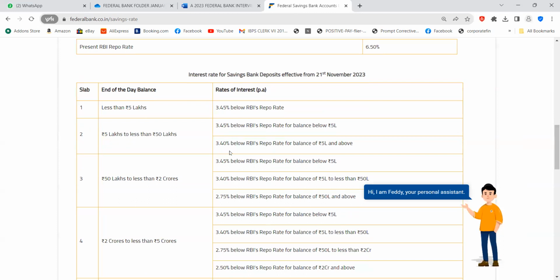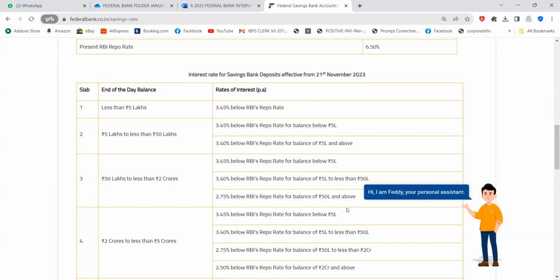For balance of rupees 5 lakh and above. And here above 50 lakh, there is one more rate, 2.25% below repo rate. That means that will be very high. 4.25% for above 50 lakhs.